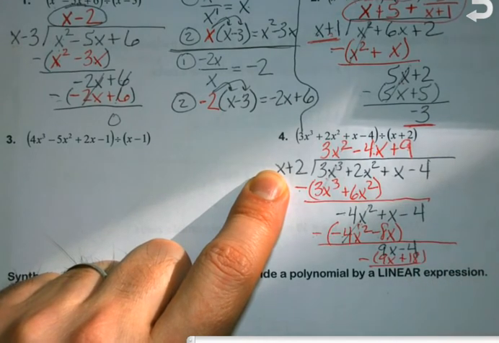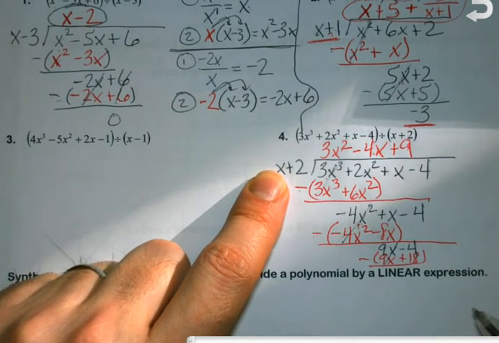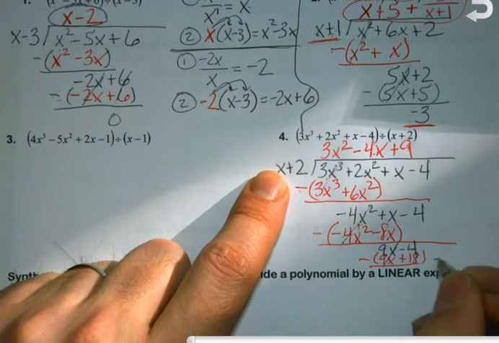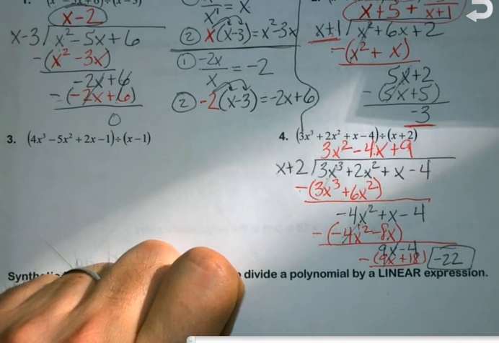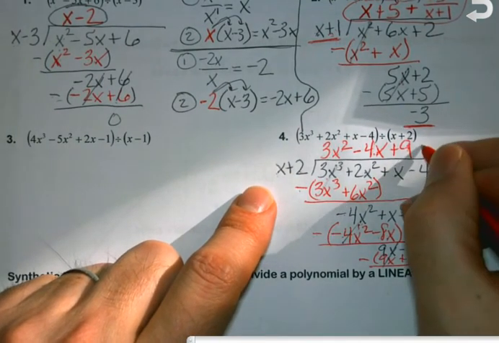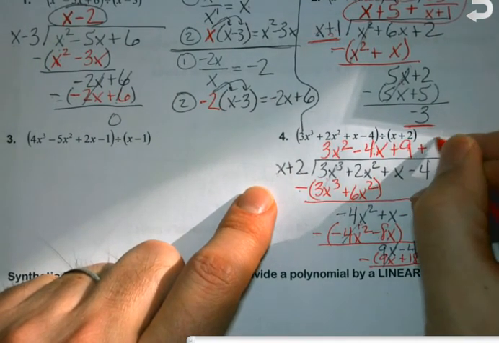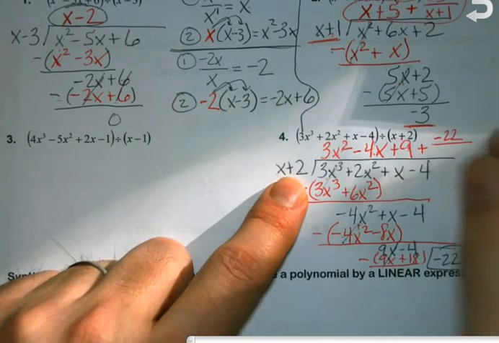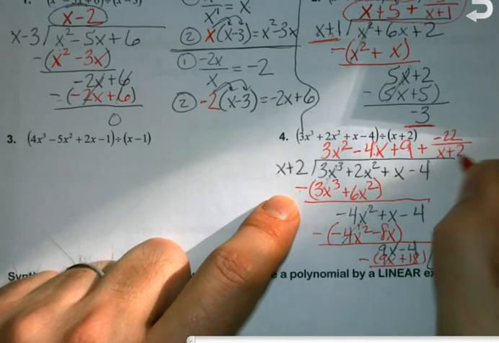Subtract it. The x's cancel. Woohoo. Negative 4 minus 18 is negative 22. Well, I can't do anything with x, so that's what's left. So again, my remainder is negative 22 over my divisor, what I've been dividing by.